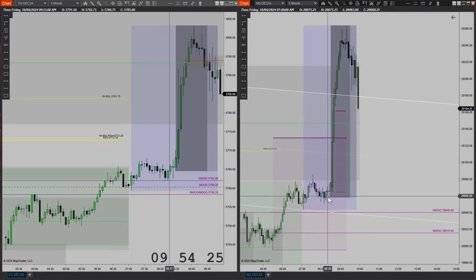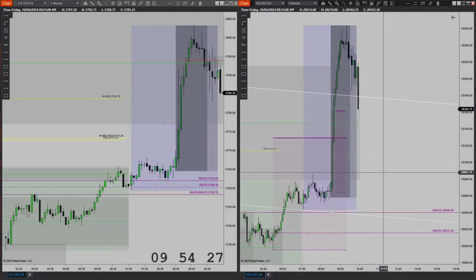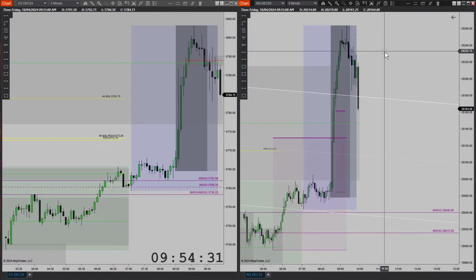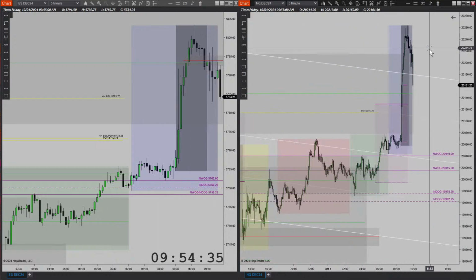All right, this is 50% of the initial move. I want to see it slice through. Beautiful.